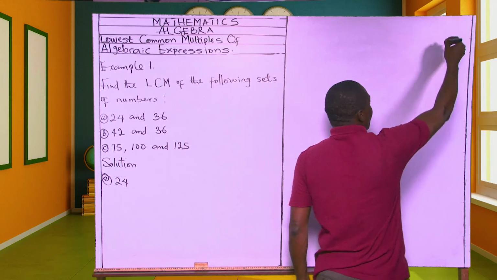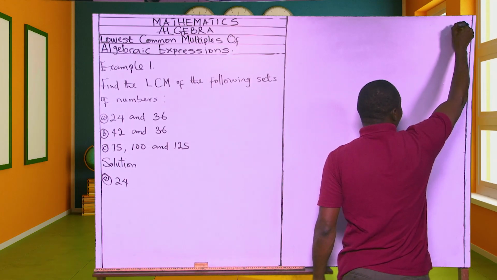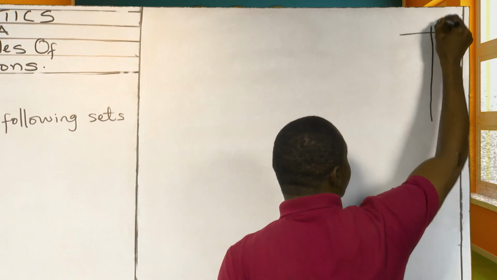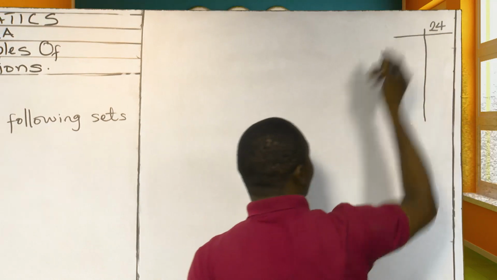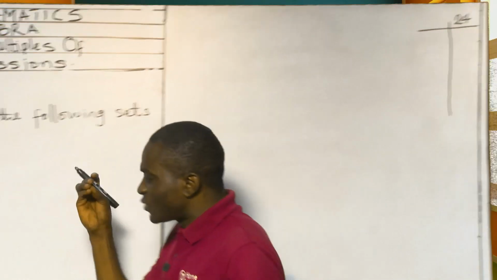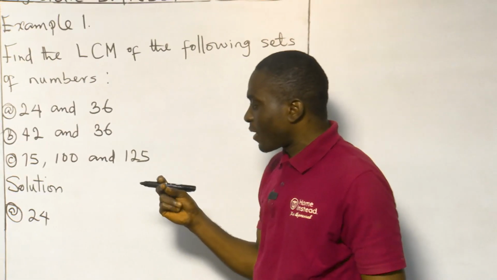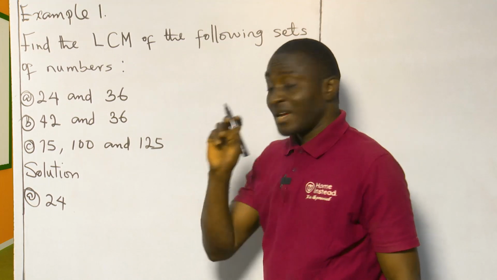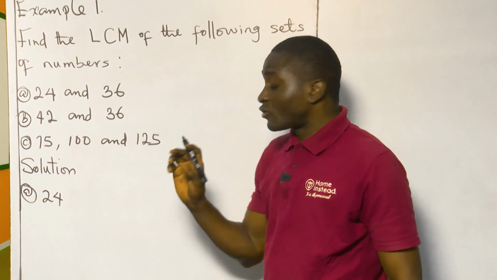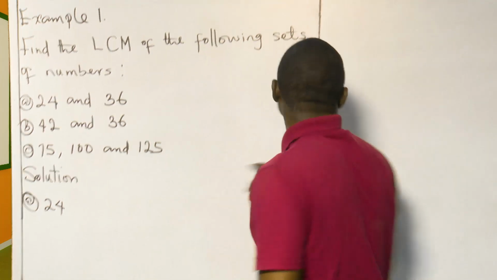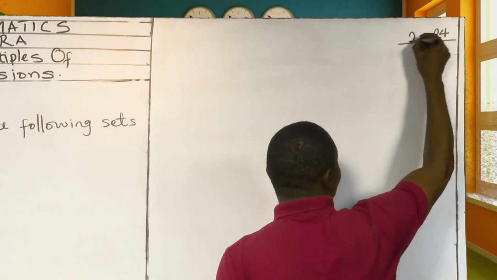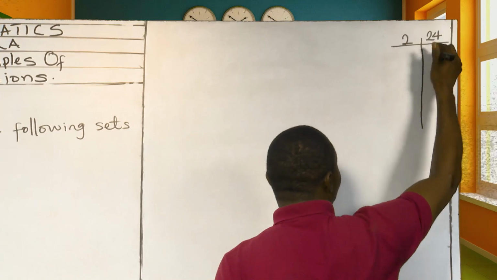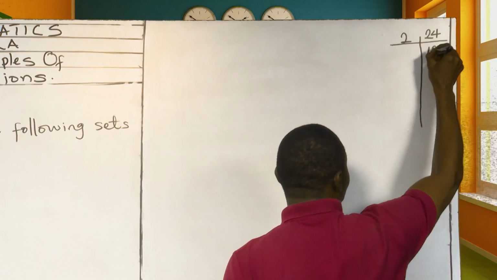You can do that by drawing a vertical line like this, writing 24. Then start with the least prime factor of 24, which is 2. You now use 2 to divide 24. 2 in 24 will give you 12.